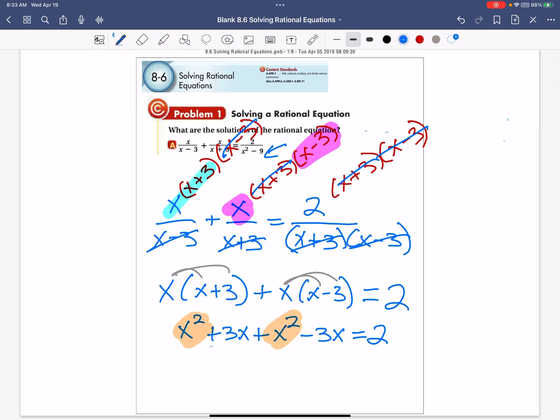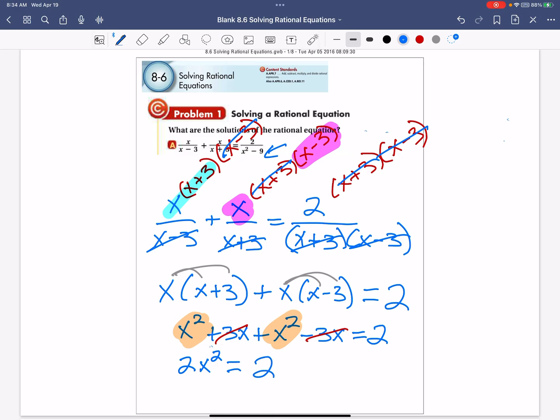So when we combine two x squareds, shockingly, we get 2x squared. Then we're going to look at the three x's, right? I have a positive 3x here and a negative 3x here. So those two will cancel. 3x and negative 3x cancel. So all we have left then is 2x squared equals 2.